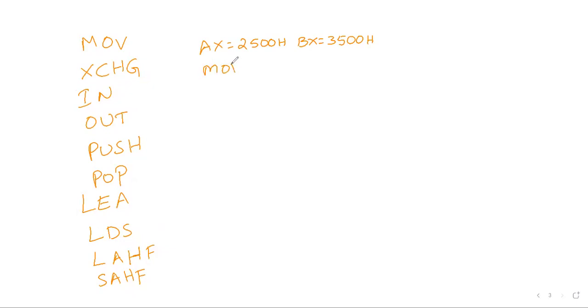Now MOV AX, BX. Then after execution what happens? BX register contents are transferred to AX. So then AX register becomes 3500 hexadecimal number, and BX register contents also remain the same, 3500 hexa.